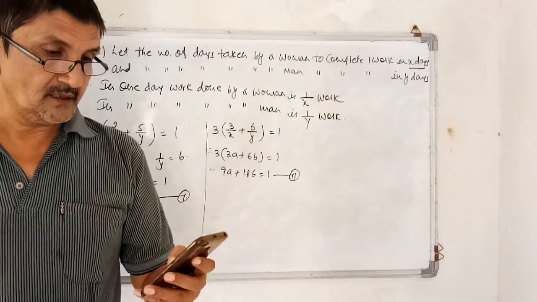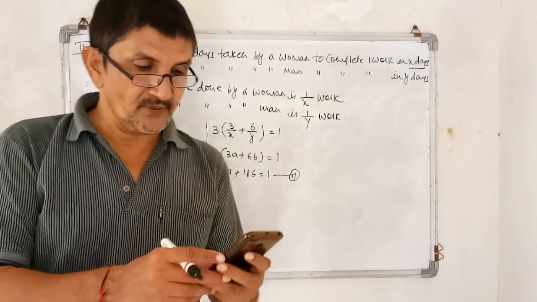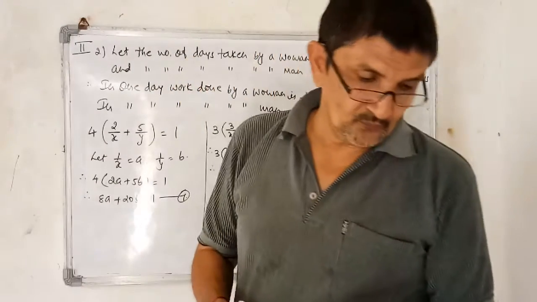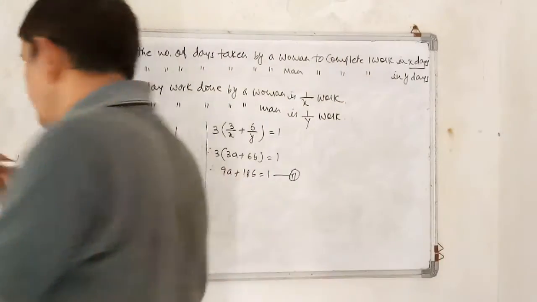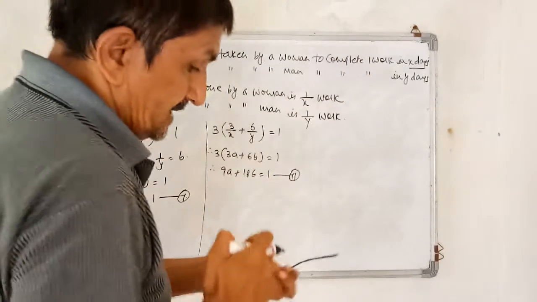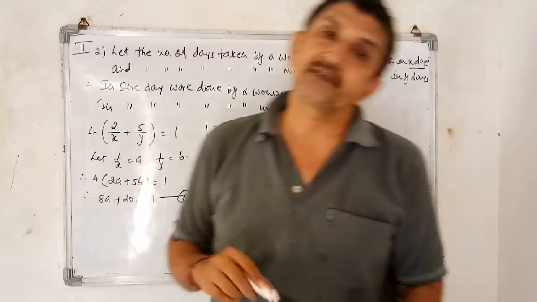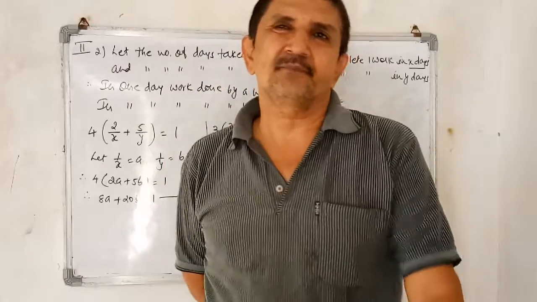I think almost all questions we have covered. So now you have to complete your exercise numbers 3.3, 3.4, 3.5, 3.6. No additional exercise is needed at present.